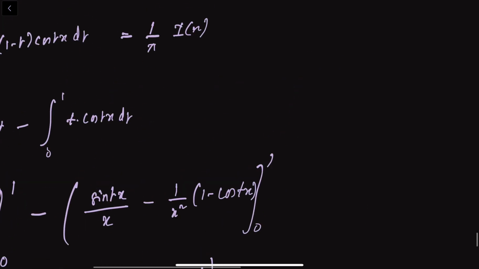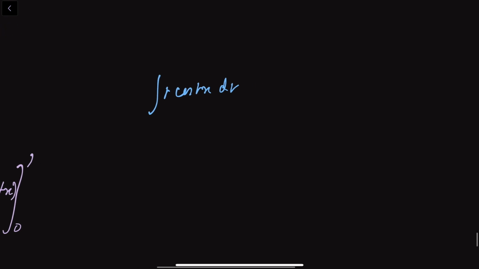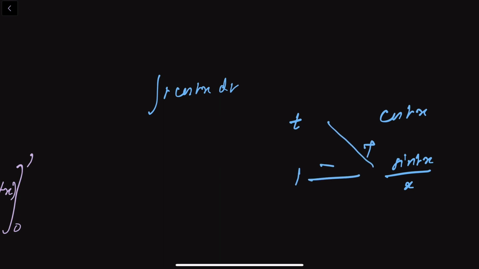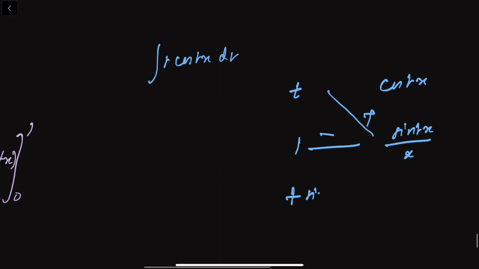Basically I can do this integration, the integral of t cos tx dt, by integration by parts. So t will be there, and cos tx. The integral of cos tx is sin tx by x, and the differentiation of t is 1. So t times sin tx by x minus integral of sin tx by x dt.